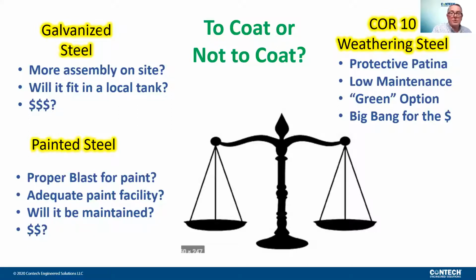Galvanized steel, certainly the highest quality, and very interested to learn more about that in the next presentation. But galvanized steel does have some limitations, and depending on span, perhaps the bridge may need to be broken down into smaller components. And with that, there may be additional field assembly, and there's certainly a cost associated with galvanized steel.